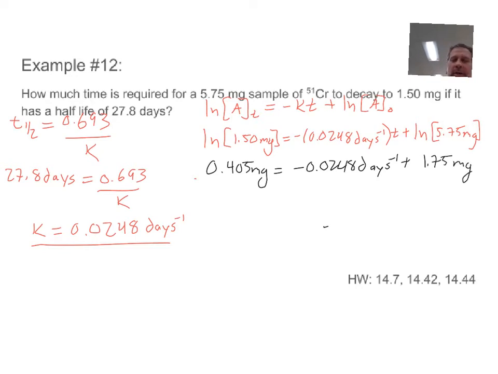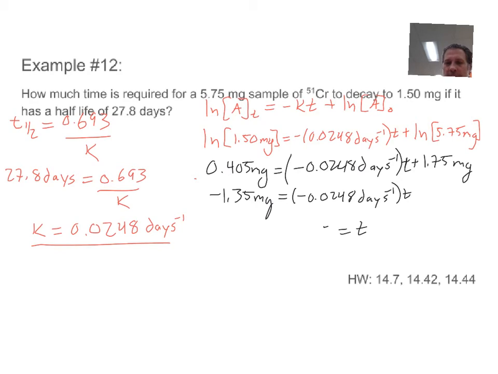Bring 1.75 milligrams to the other side, and I get negative 1.35 milligrams equals, it should be times T plus negative 0.0248 per day.